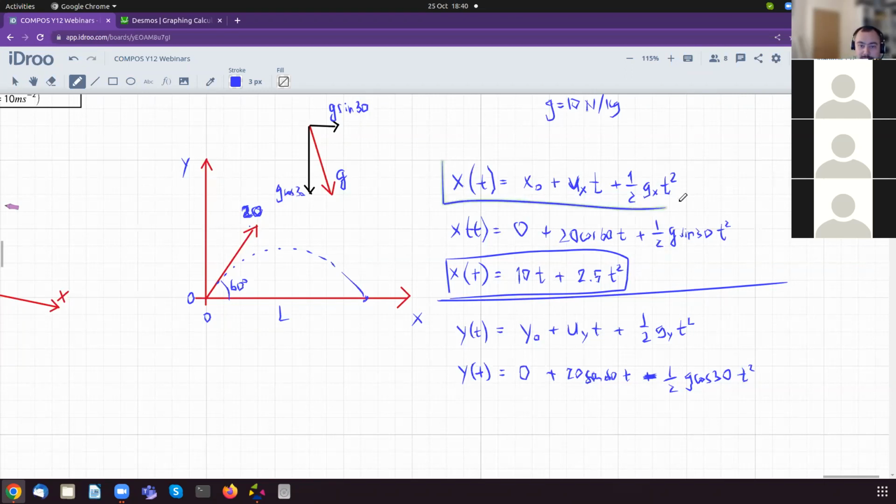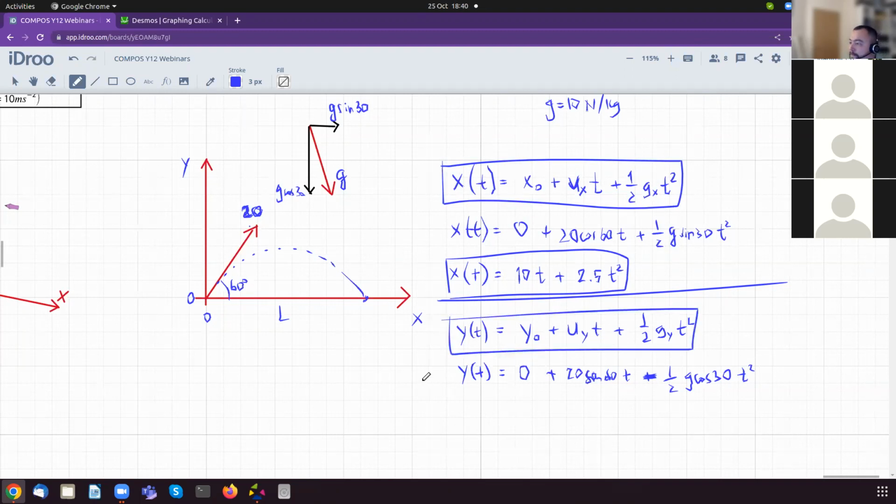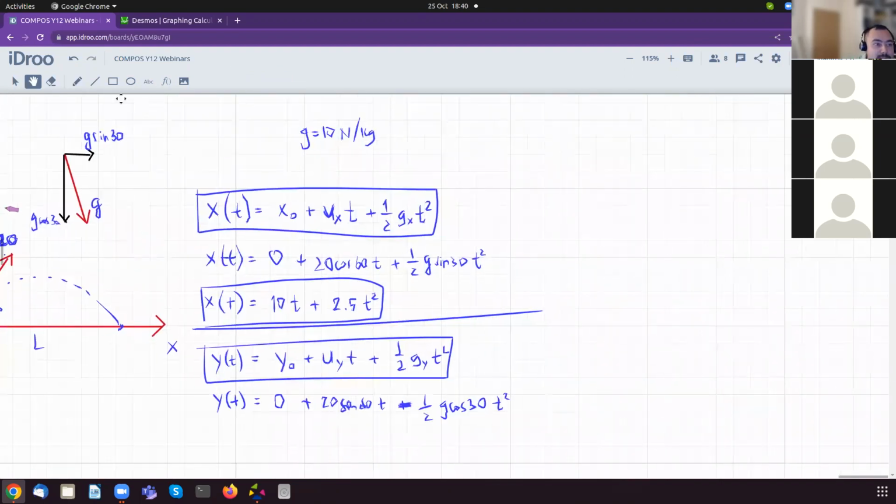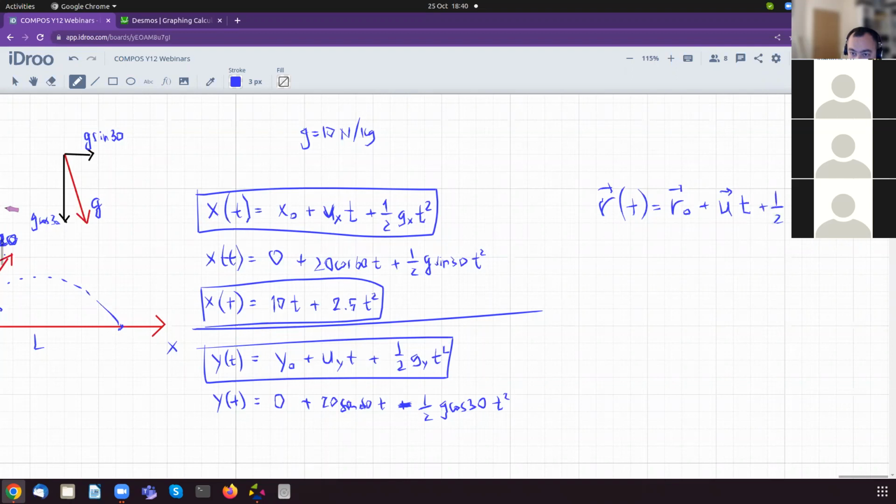I mean, this is a consequence of a SUVAT equation. Well, look, the equation I'm using is this: r of t is equal to r0 plus the initial velocity times time plus 1/2 acceleration times t squared.